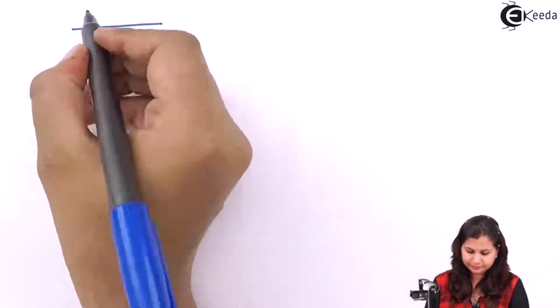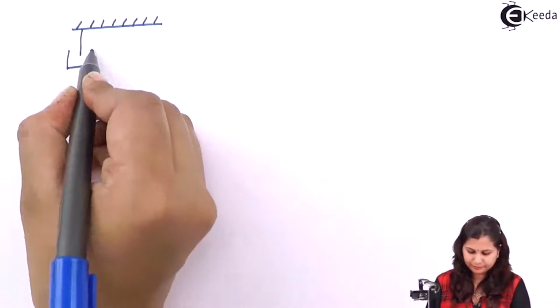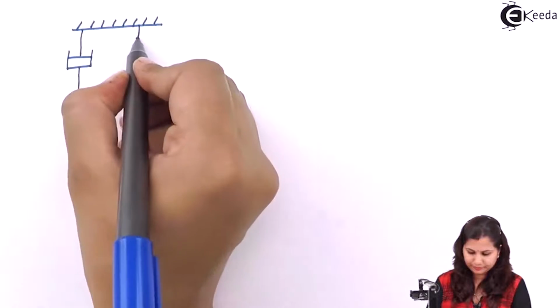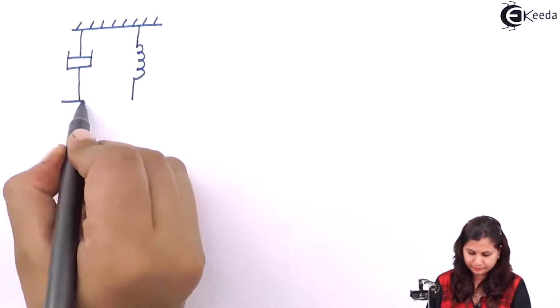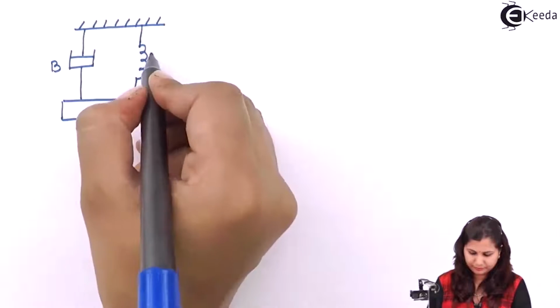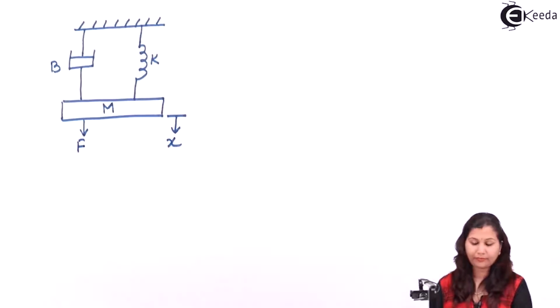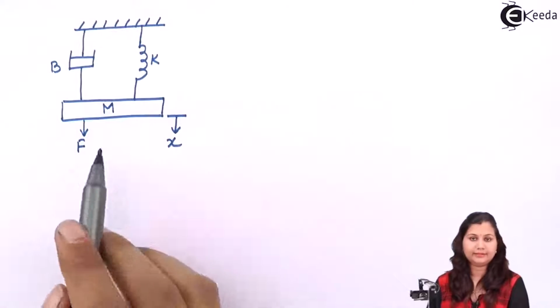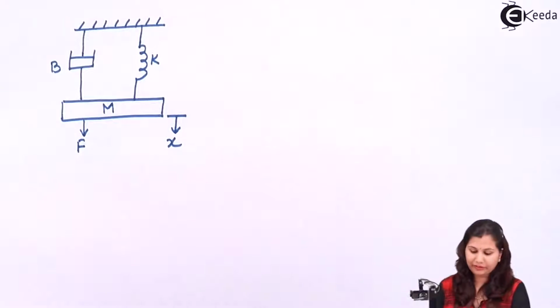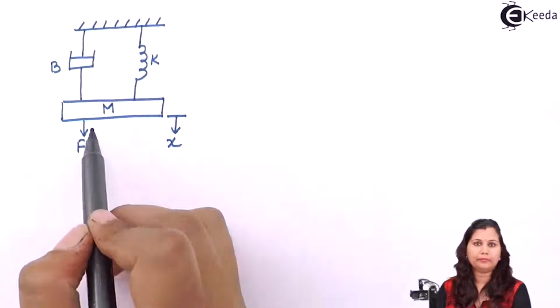Let's draw the diagram of the mechanical translational system. This is a mechanical translational system having three elements: damper, spring and a mass.